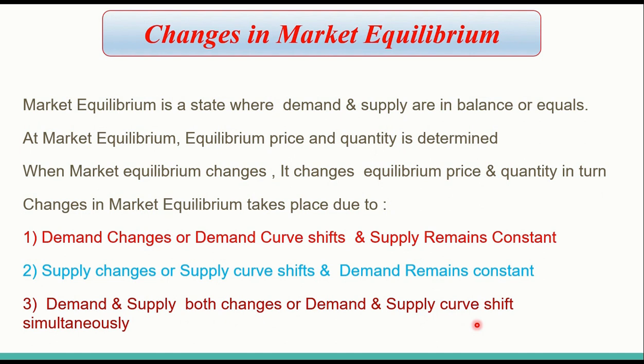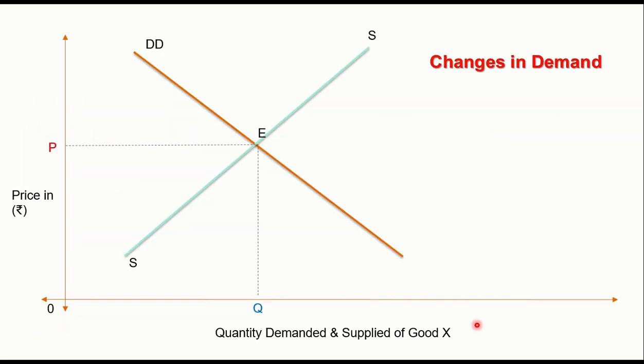Let us try to understand how market equilibrium changes when the demand curve shifts and supply remains unchanged. Just to remind you, we have studied that the demand curve shifts when other determinants of demand change. The demand curve shifts upward or rightward when demand increases and it shifts leftward or downward when demand decreases.